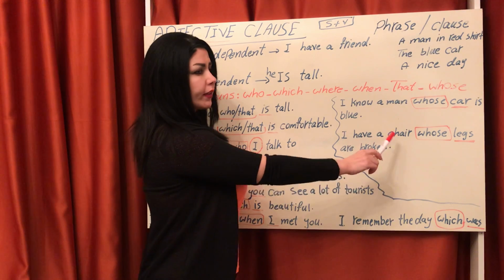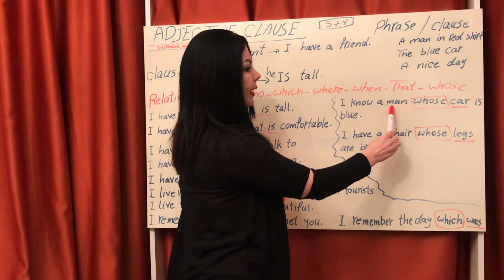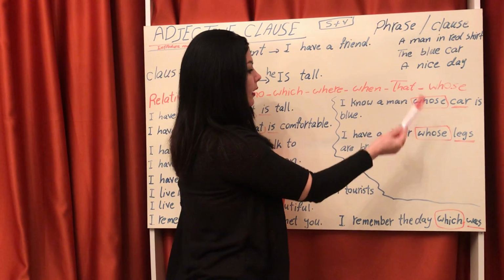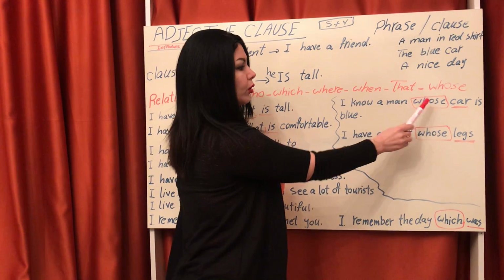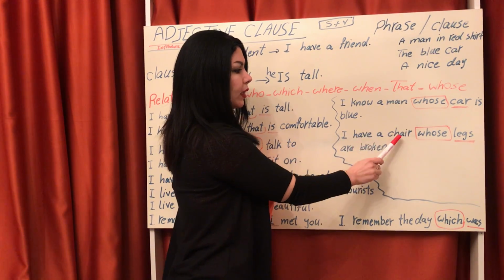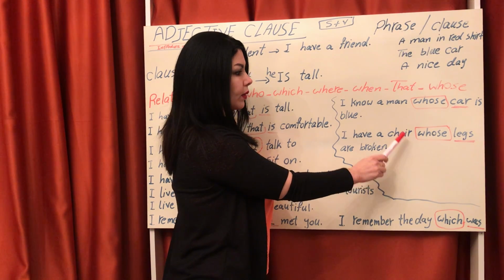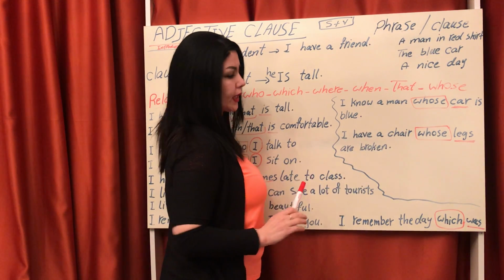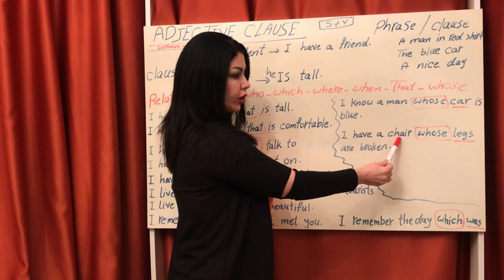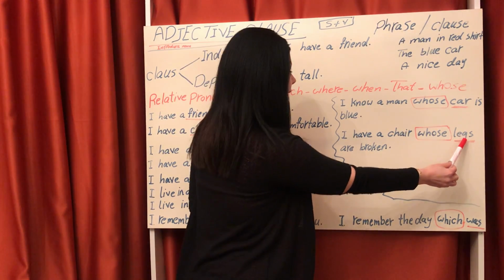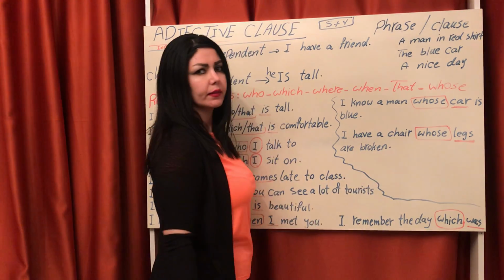And for things. Here man is a person and here chair is a thing. We can use whose for both people and things.